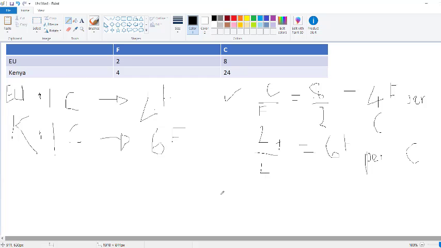Similarly, you can do this to find out who has comparative advantage in terms of food. So we're going to do the short calculations.